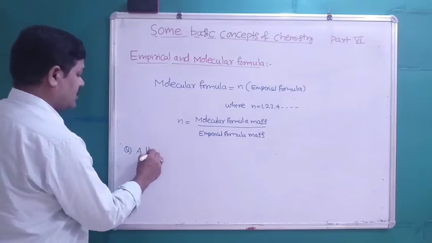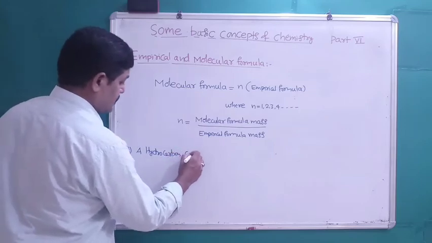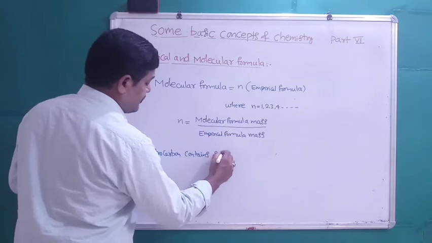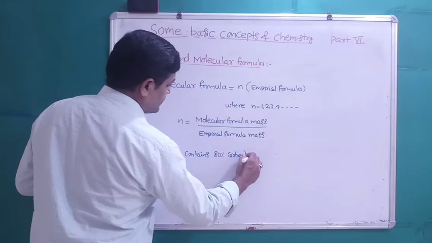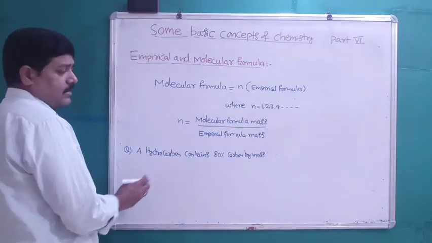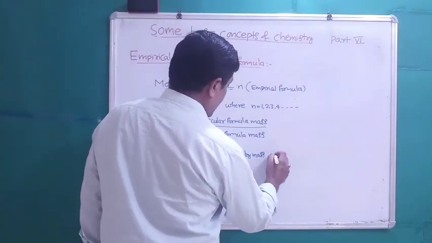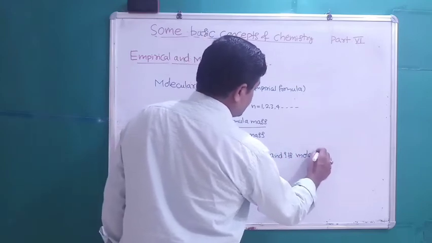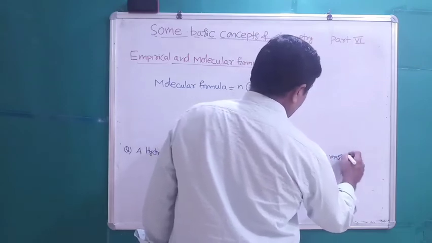A hydrocarbon contains 80% of carbon by mass, and its molecular mass is 30.